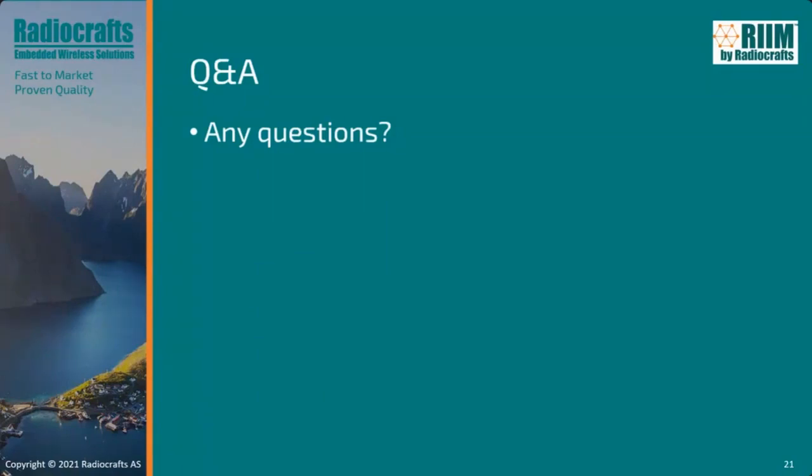The advantage, of course, is the range. In Zigbee, you need more devices, and it's shorter range between each. But with RIIM, you can probably have twice the range indoors compared to Zigbee.